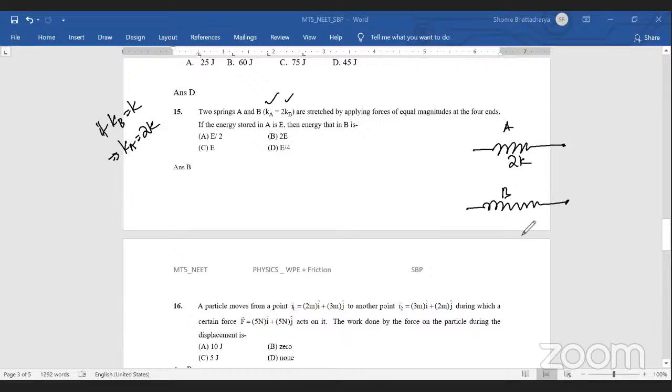Now we are applying the same amount of force to stretch both the springs. As a result of this force, A is stretched by XA and B is stretched by XB.